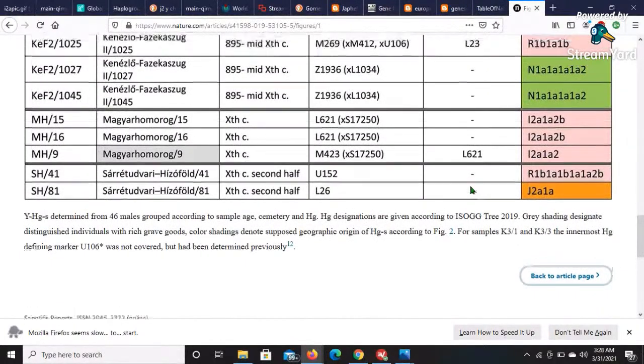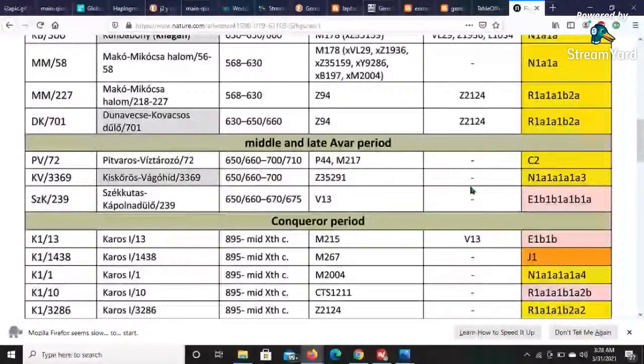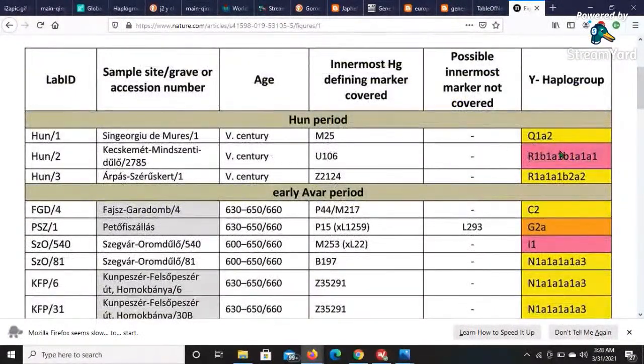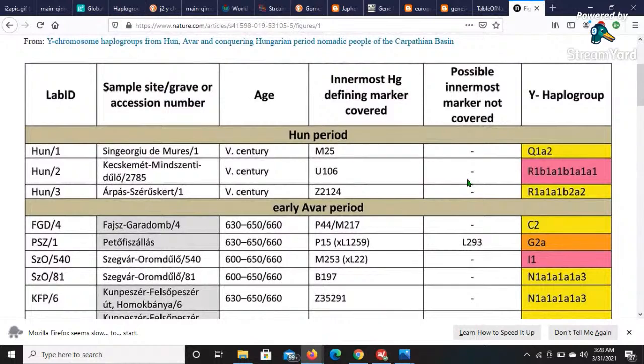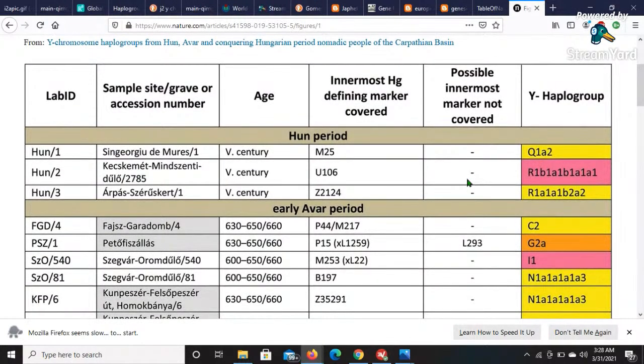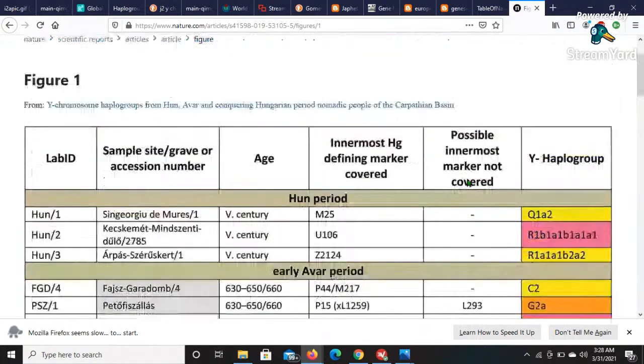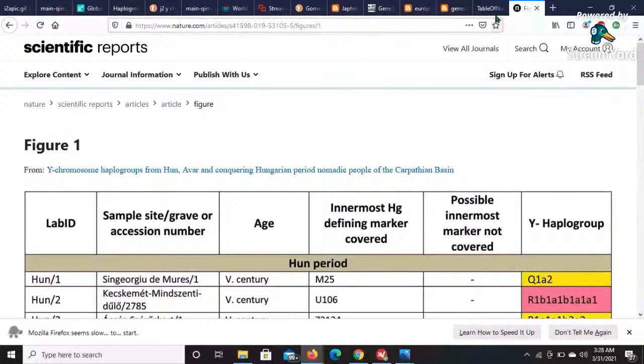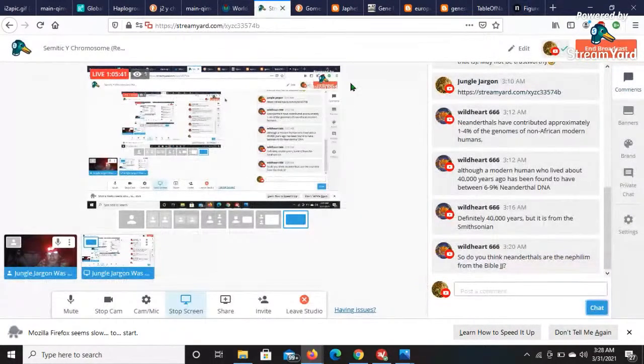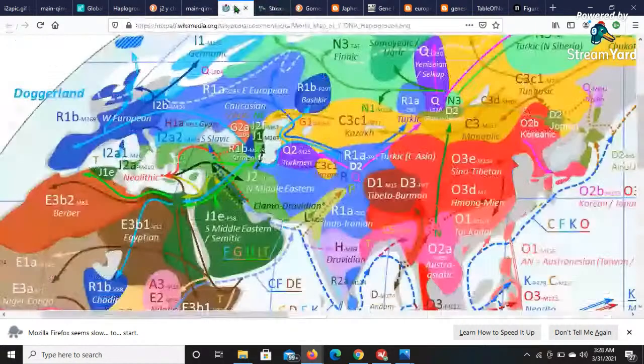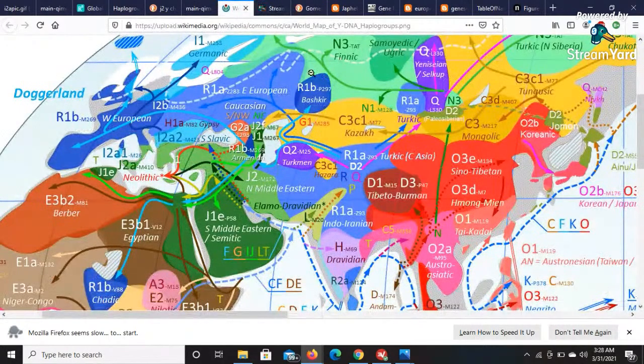Anyway, it's probably an R. R1B, R1A. Anyway, trying to explain why all this is R1B and R1A.